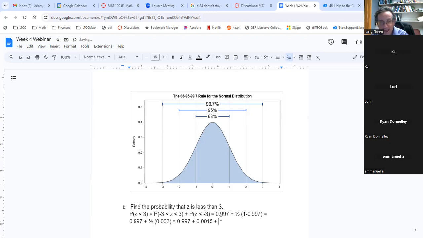And then I can say 0.997 plus 0.0015 is 0.9983. Sorry, 0.9985. That's better. Any questions about part B?